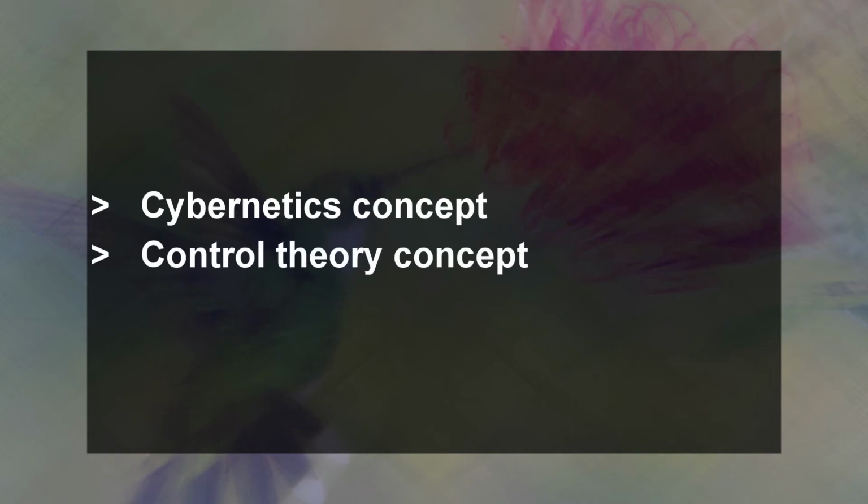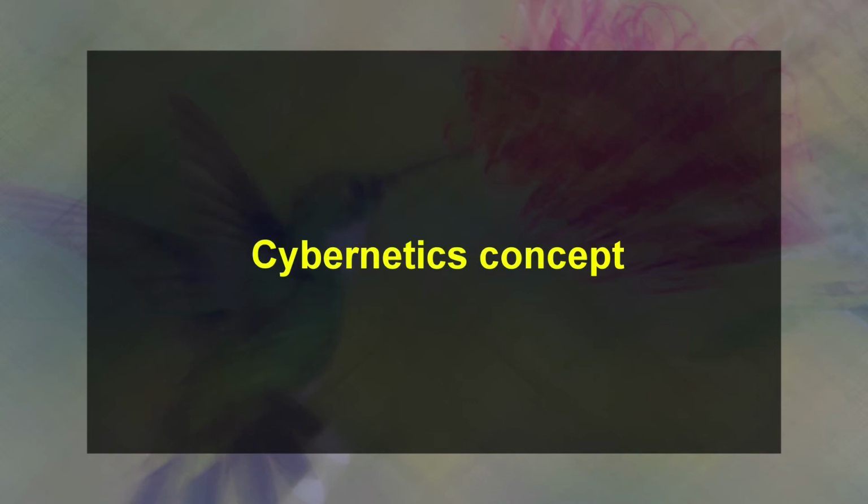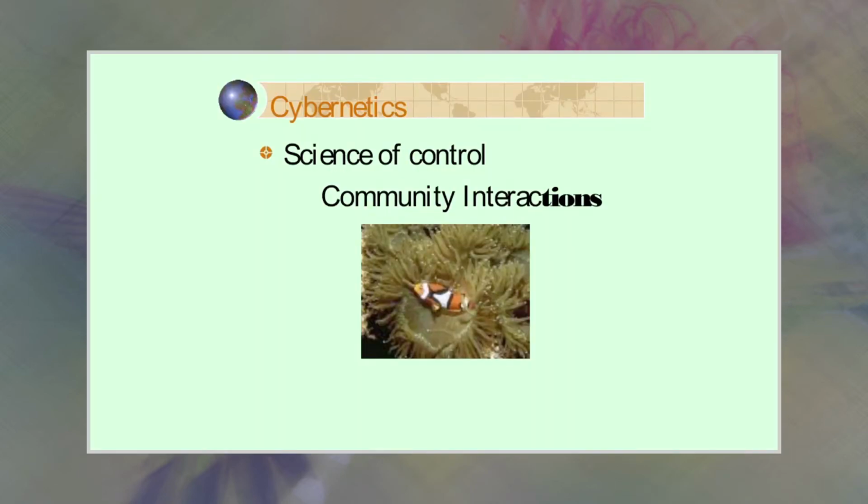The three interactive conceptions of the community that Caswell, 1976, distinguished were based on cybernetics, control theory and niche theory. The cybernetic concept is that in which the state variables of a system encode all the aspects of the system's history that are relevant to its development in the future, that is, a self-regulating entity.